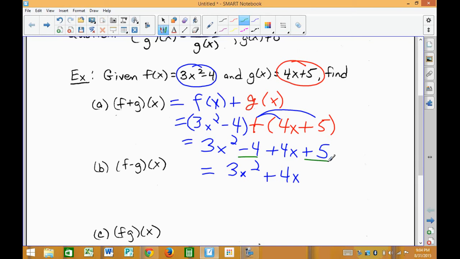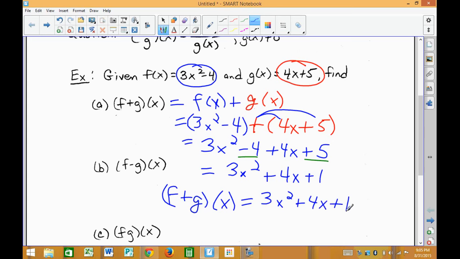So when we combine those two, that gives us a plus 1. So f plus g of x is equal to 3x squared plus 4x plus 1. That's the new function that we created by adding f and g of x.